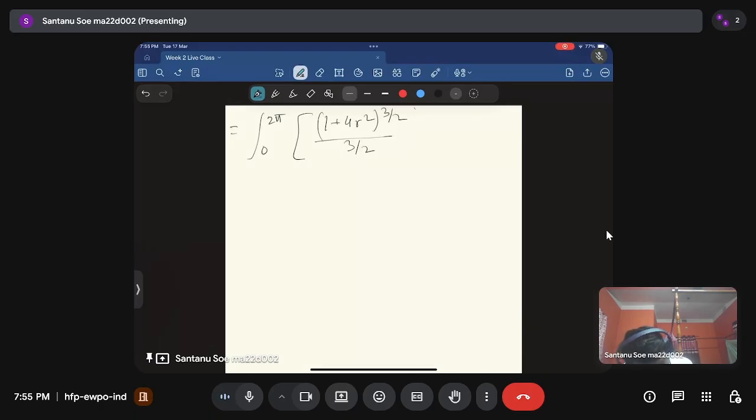So this is 1 by 12, 27 minus 1 d theta. Okay, and this is 0 to 2 pi.